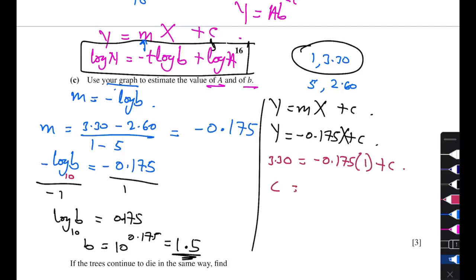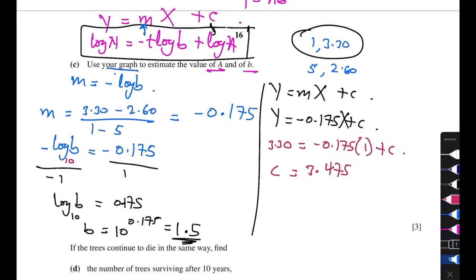So c is basically 3.30 plus 0.175, so c is 3.475. But this c is also equal to log a, the constant there. So log a is equal to 3.475.